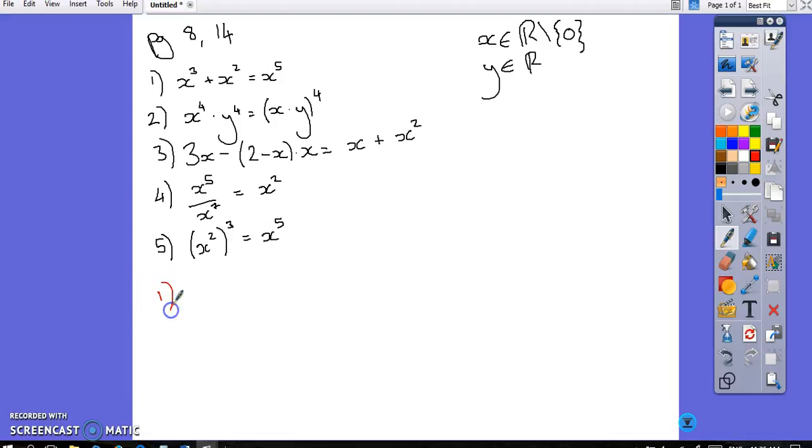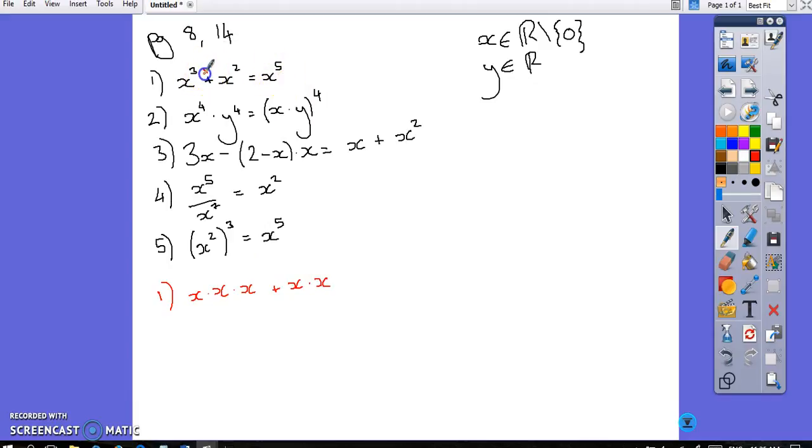So number one I think is a misapplication of a common rule. If we write it out in full, we have x times x times x plus x times x, x cubed plus x squared. There's no way we can combine these powers to be x to the 5.